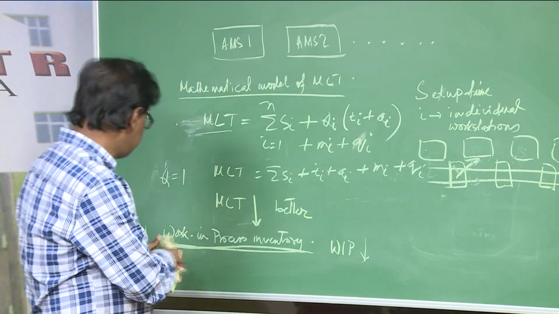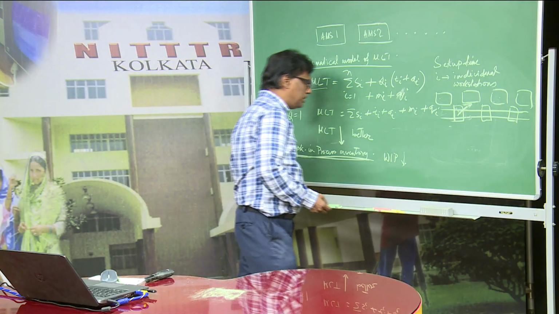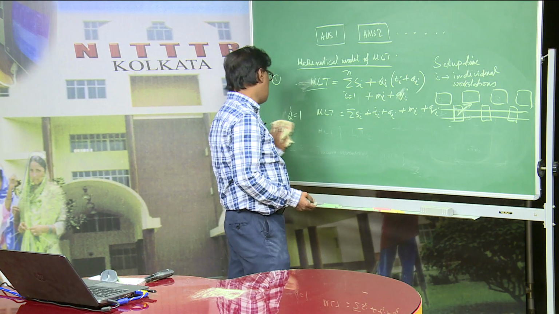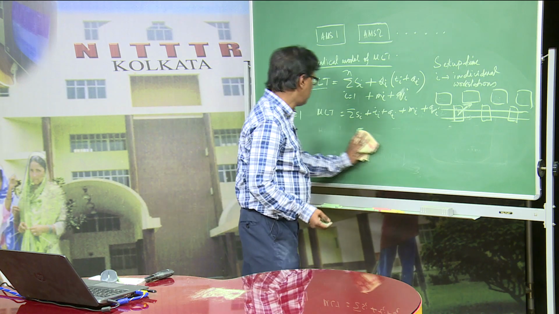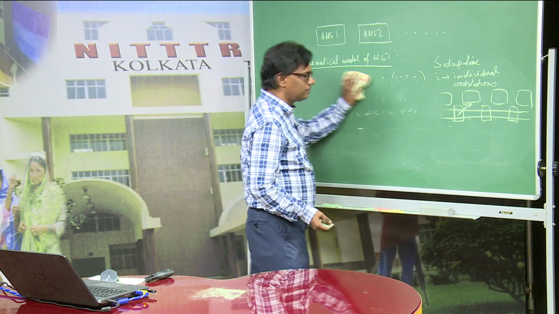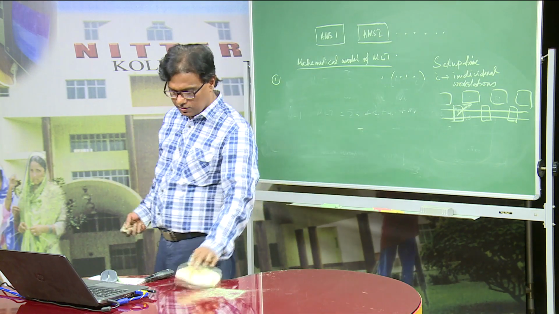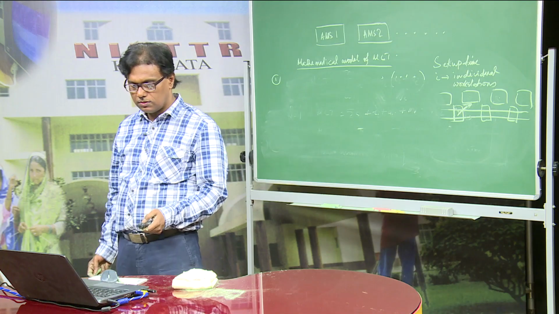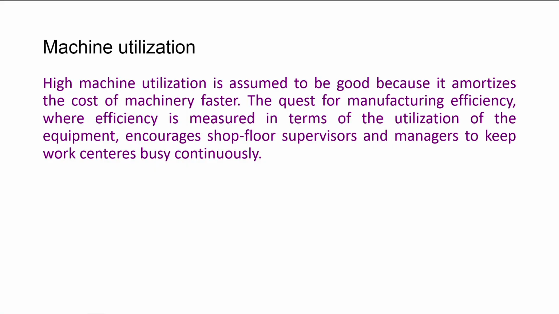The next performance measure of an automated manufacturing system is machine utilization.